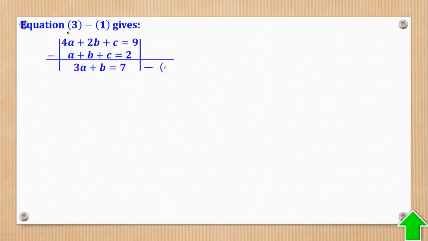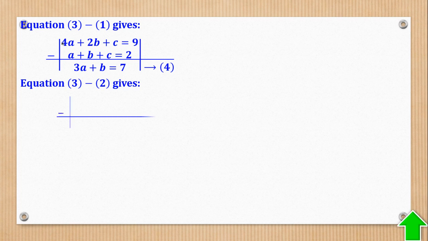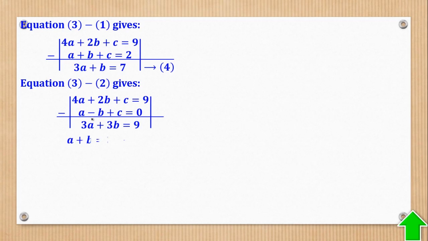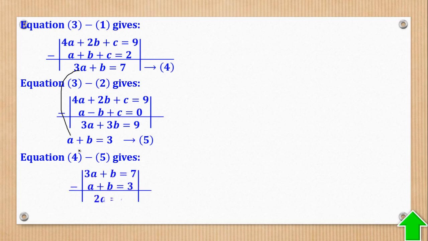So let us start. Equation 3 minus equation 1, I'll come up with that. Equation 3 minus equation 2, I'll come up with that. Simplify to get equation 5. Then now these are 2 equations, 2 unknowns. So equation 4 minus equation 5, I'll come up with that.